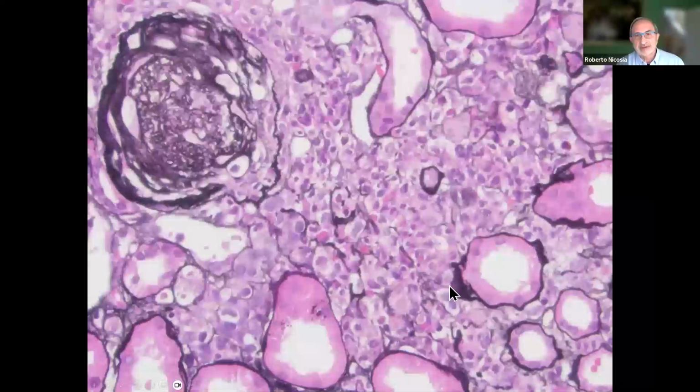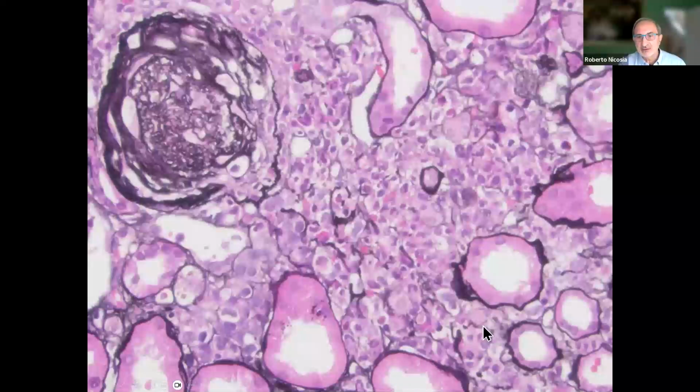Here is another view of the cellular infiltrate, again, clusters of fairly immature looking cells with round nuclei. In some of them, you can even see perhaps some nucleoli. And also eosinophilic cells again. And some of the cells have an amphophilic cytoplasm and slightly indented, at times horseshoe-shaped or bean-shaped nuclei.